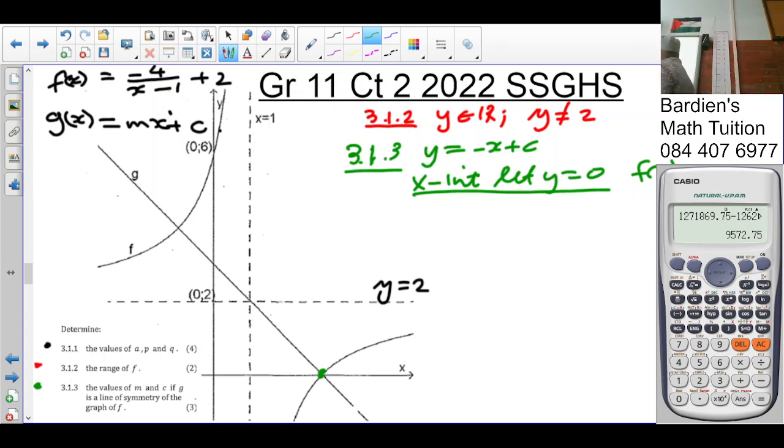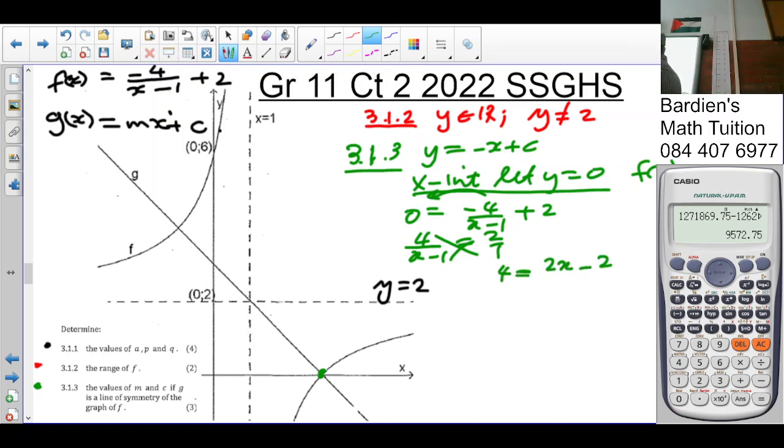So we say 0 is equal to minus 4 over x minus 1 plus 2. If we get over the equal sign, it becomes 4 over x minus 1 is equal to 2 over 1. We cross multiply. So 4 is equal to 2x minus 2. So 6 is equal to 2x. Divided by 2, so x is equal to 3.